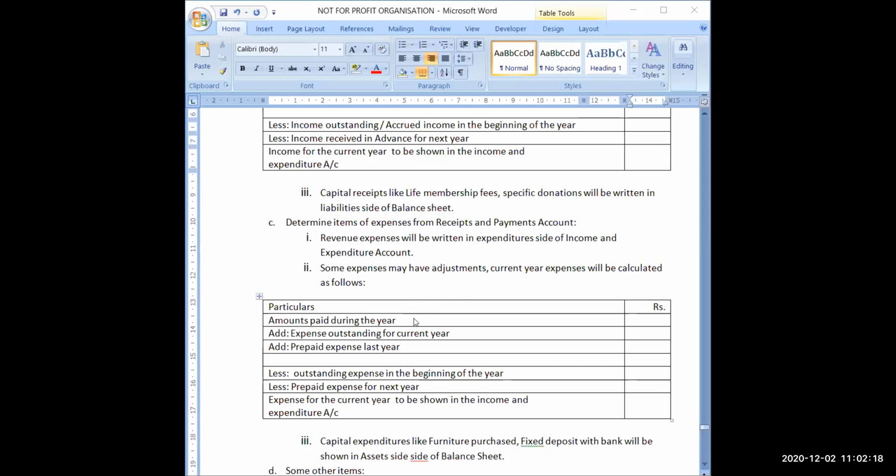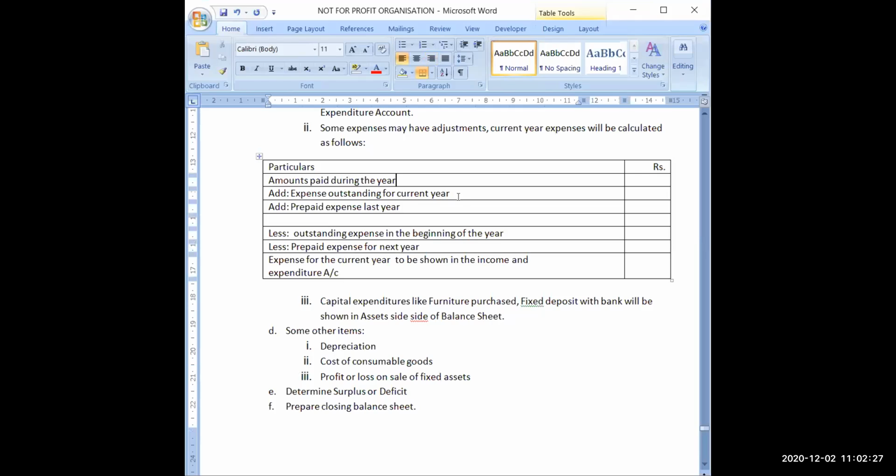Suppose whatever amount you have paid, that amount you will get in the receipt and payment account. After that, you have to add the expenses outstanding for the current year. Whatever expenses are outstanding for the current year will be an expense of the current year, so you will add it. And whatever expense you paid last year for the current year, meaning it was paid in advance last year, will also be an expense of the current year, so that's why it will also be added.